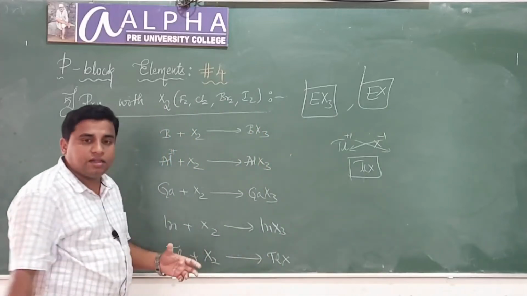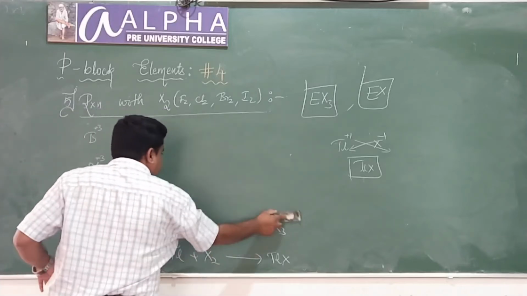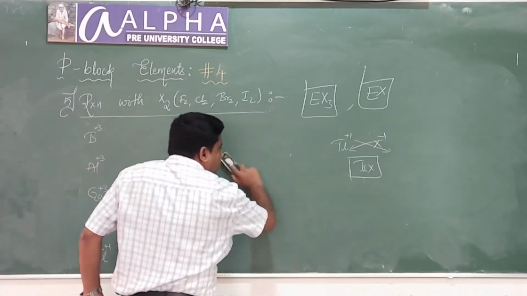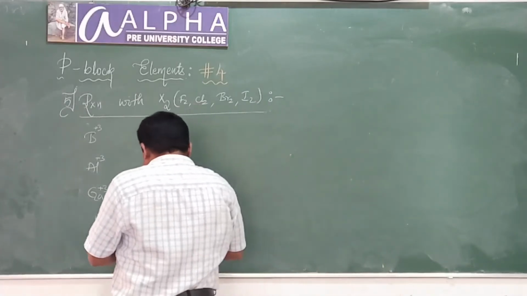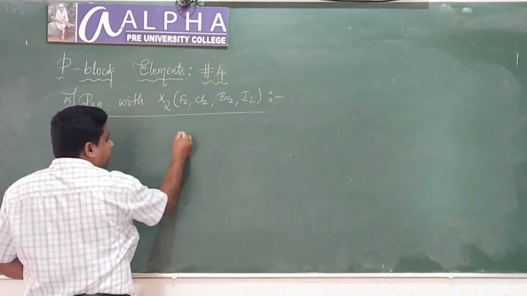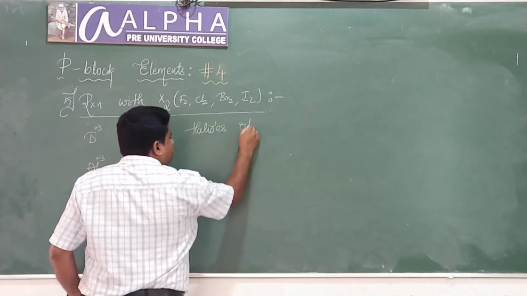So let us consider the halides of boron and aluminium. Understand this point here. Let us understand the halides of boron.